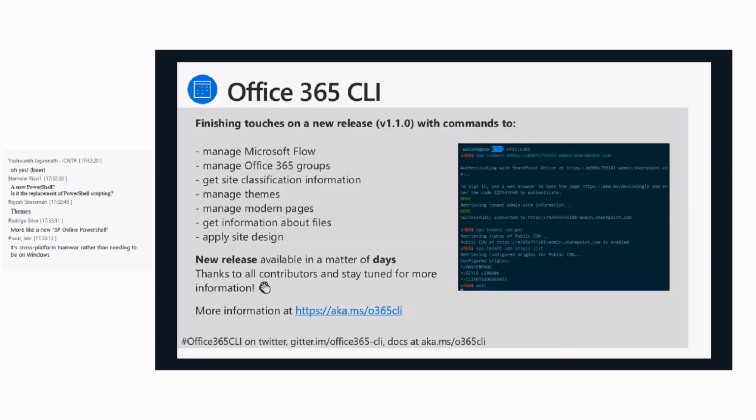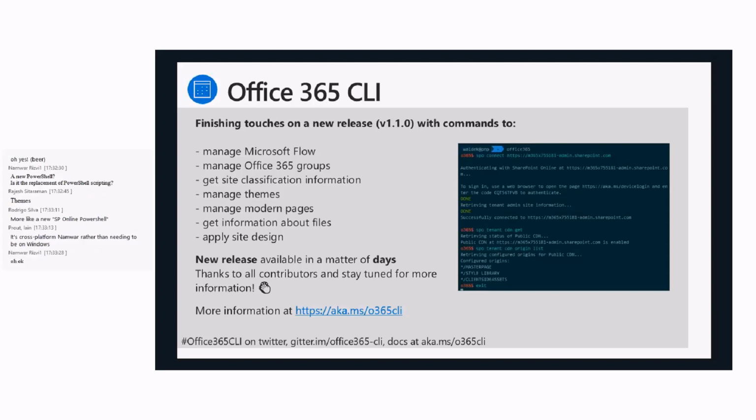With that, if you would like to know more about CLI, please go to aka.ms/O365CLI. And I believe for everybody else except me, you can see the URL on your screen. That's one single URL for you to go to, and in there you will get the manual: how you acquire CLI, install it, manage it, update it, work with it.